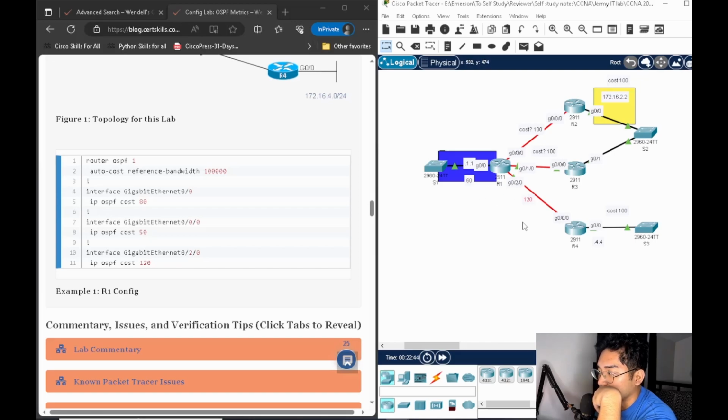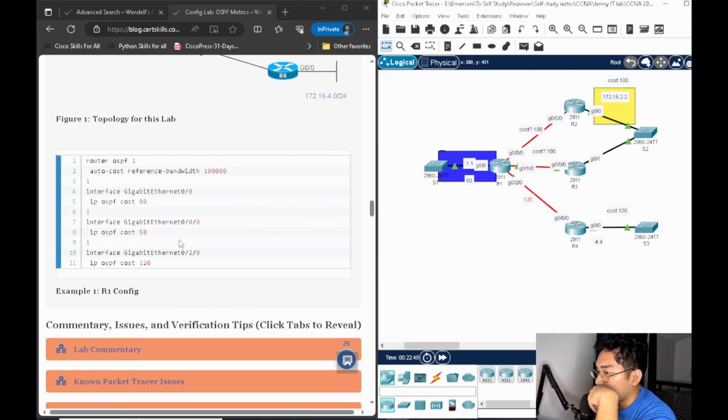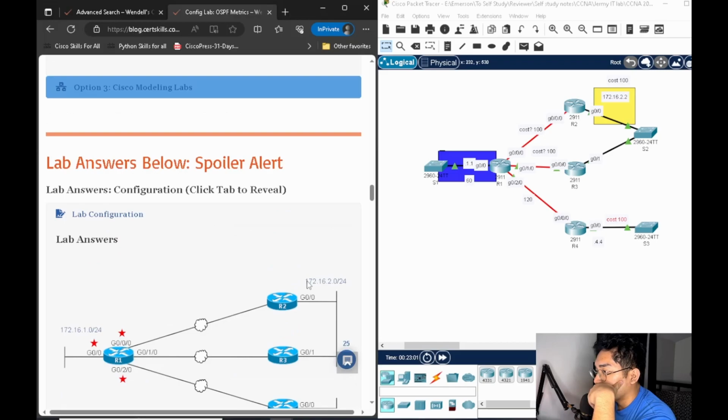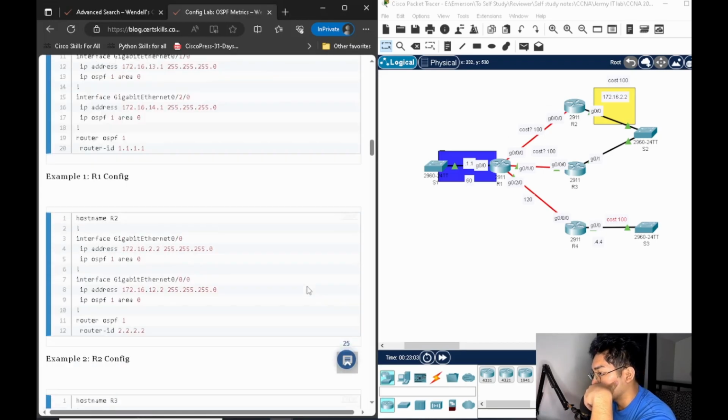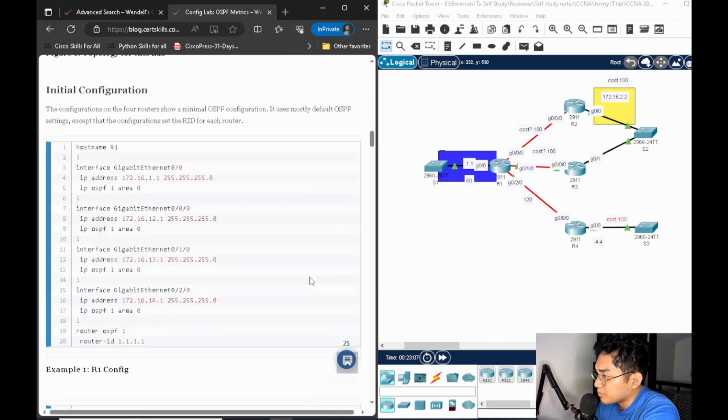I think what happened is that after configuring the 120 and total cost to that network, it reverted back to default. That's why they use 80 here. I think that's the concept behind this 80.